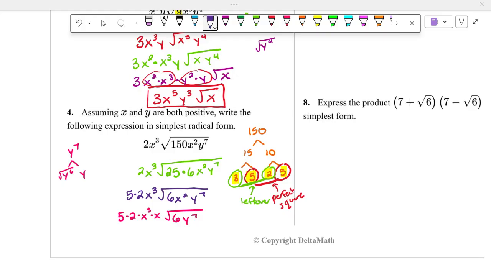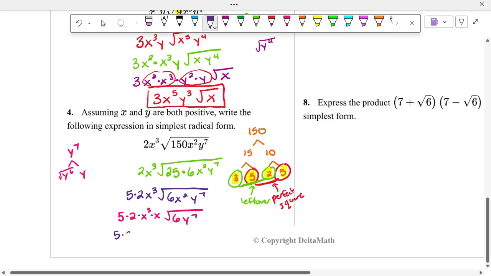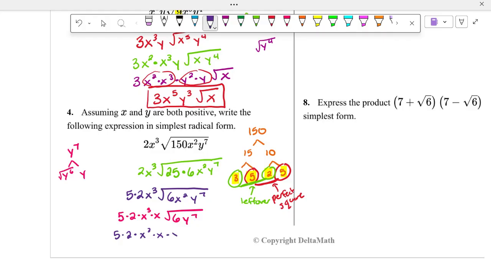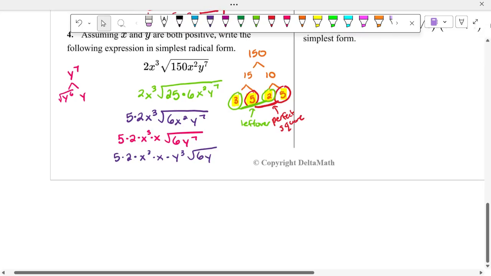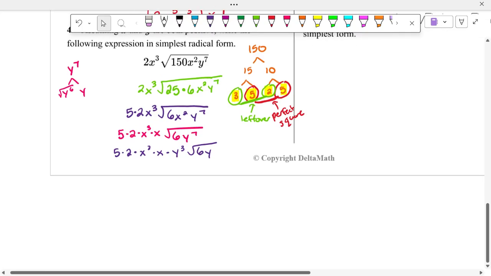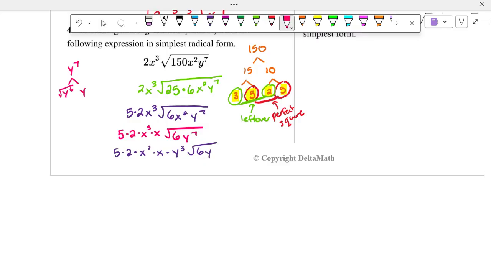Just divide the exponent by 2. Y cubed. So this would be 5 times 2 times x cubed times x times y cubed, 6, and then I only have one y left over. So my radical's all simplified. I just need to clean up the outside. What will my final answer be if I clean up the outside? 10x to the 4th y cubed square root 6y.